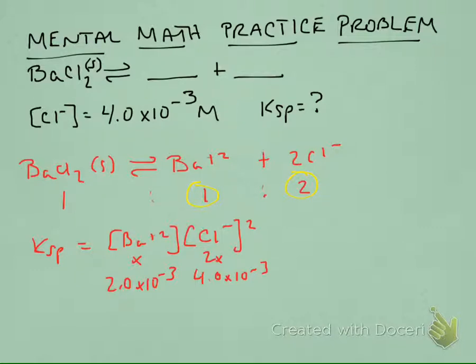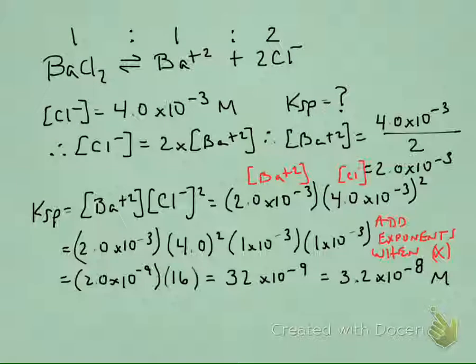We can then get this solving and set it up a bit better. So KSP equals 2.0 times 10 to the negative 3rd times 4.0 times 10 to the negative 3rd squared. I'm going to move on to the following slide so that we can rewrite this and have a little more room.